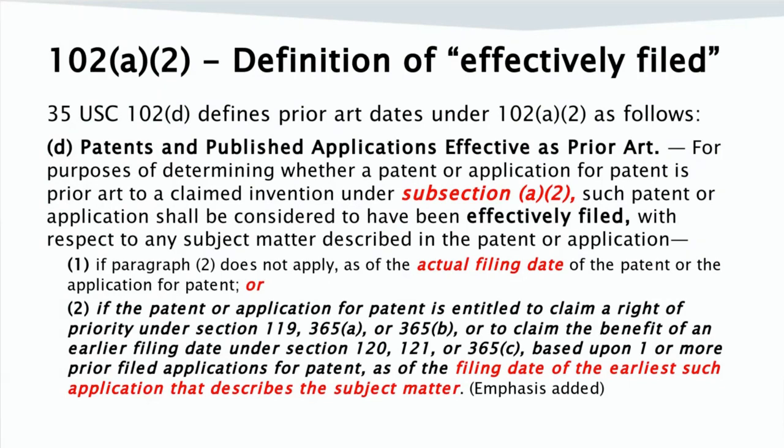However, in accordance with 102(d)(2), if the application that issued as the U.S. patent or published as the PG Pub or WIPO publication claimed domestic benefit or foreign priority to an earlier application, the effectively filed 102(a)(2) prior art date is the filing date of the earliest such application that describes the subject matter.